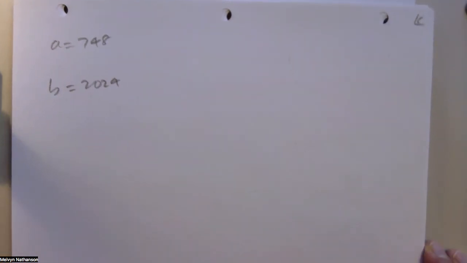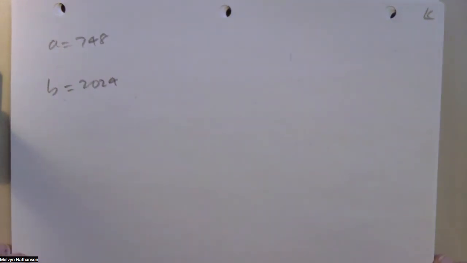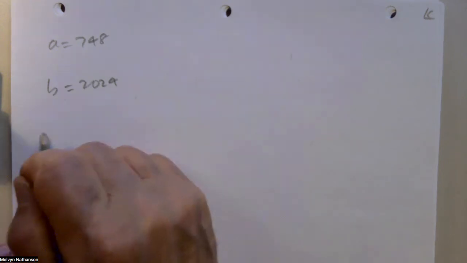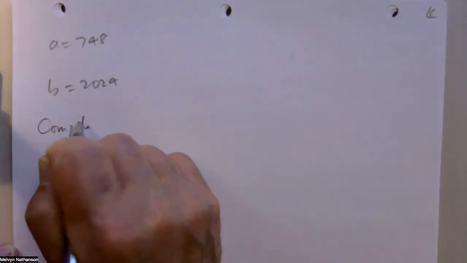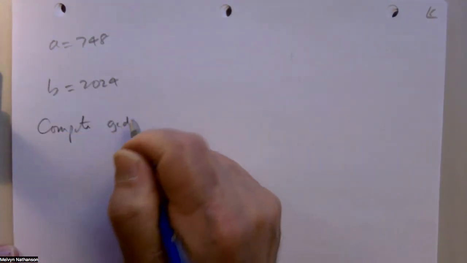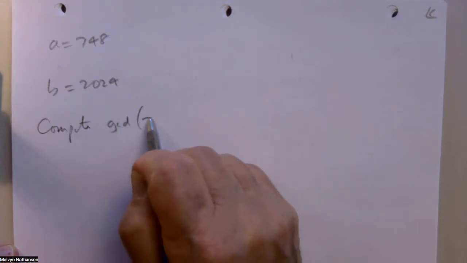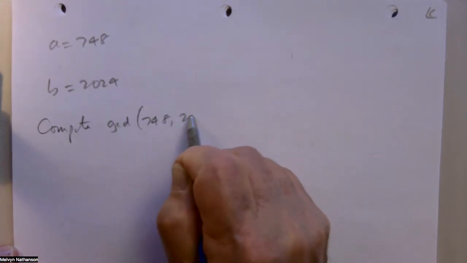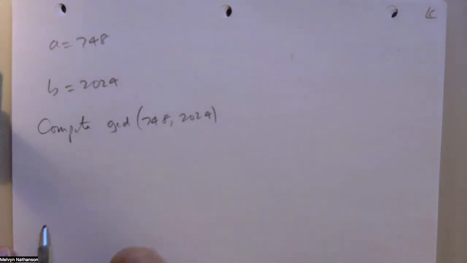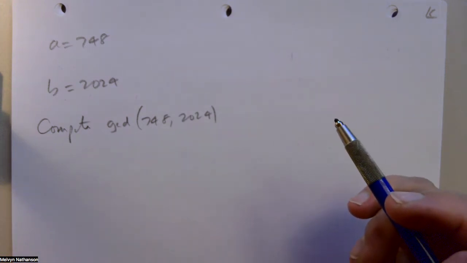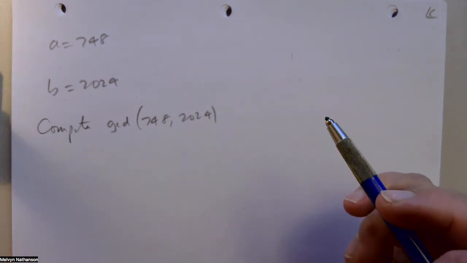This is a nice example that's used in the text. And we want to compute the GCD of these two numbers. So one way to do it is to look at their divisors.